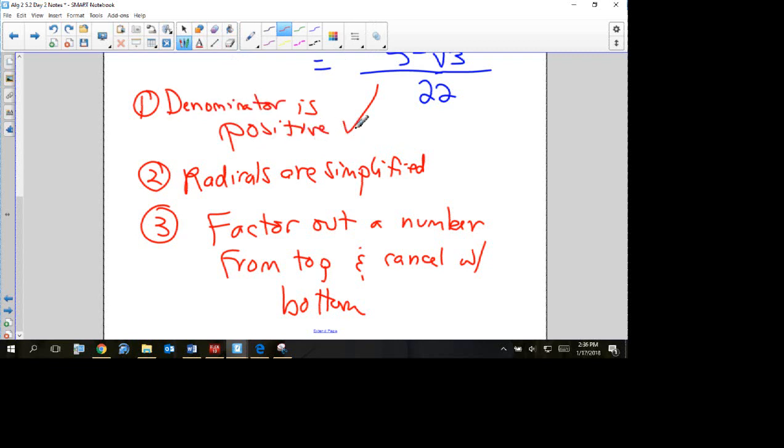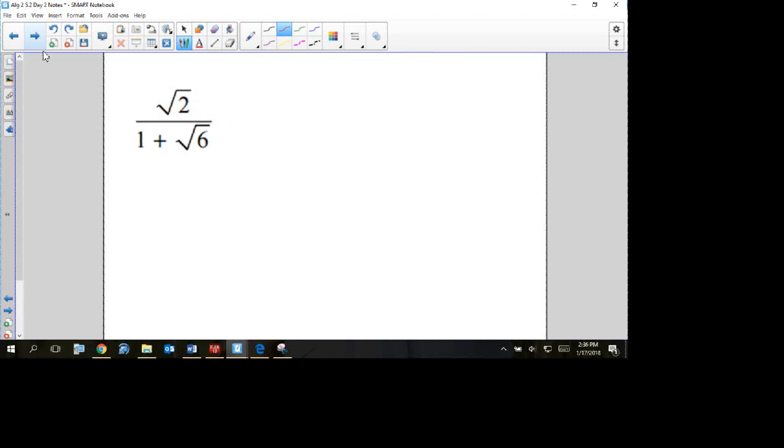All right, so our next example. We have a radical in the denominator and a friend, so we have to cancel it out. We're going to have to multiply by the conjugate. What's the conjugate? 1 minus radical 6. You have to do that on the top and the bottom.